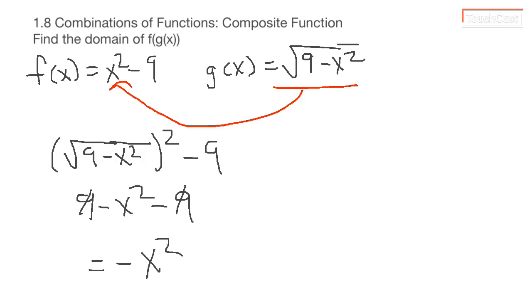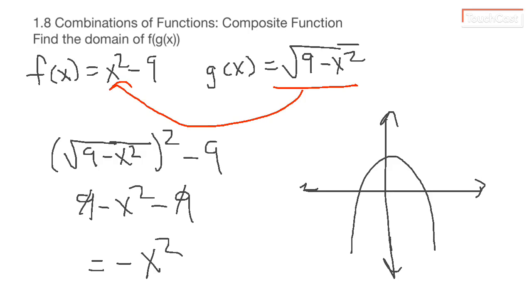If we actually were to graph the square root of 9 minus x squared, minus 9, it would roughly look like this.